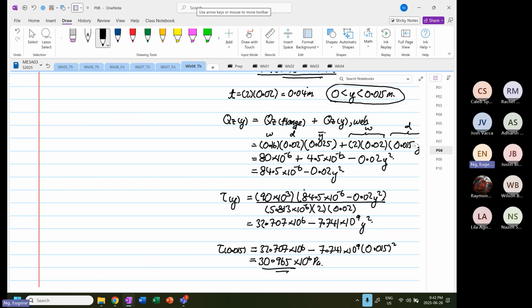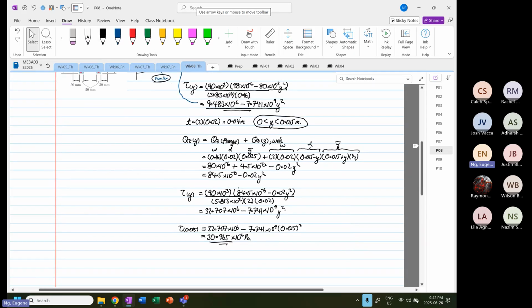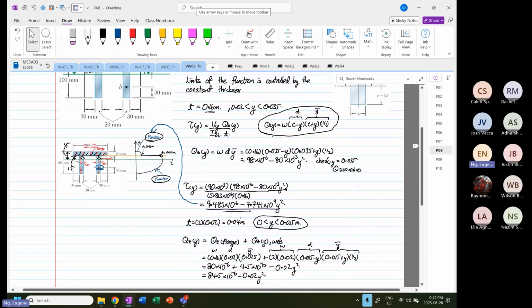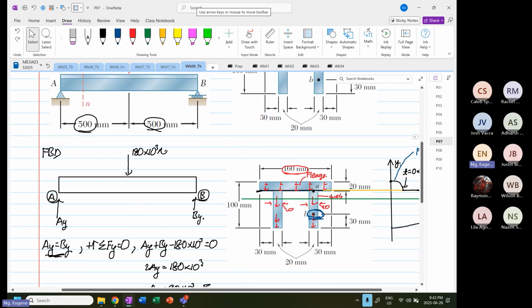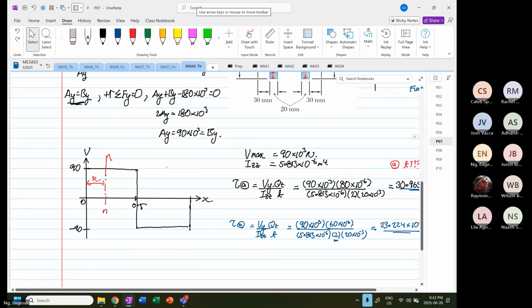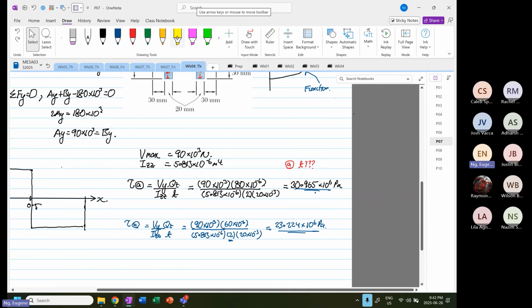Let me do it again. 7.741 times 10 to the power 9 times 0.015 squared. 32.707 times 10 to the power 6 minus this is equal to 30.965. Okay. So is this correct? If we go back and look at our absolute answer for point A, we also got the same, 30.965.